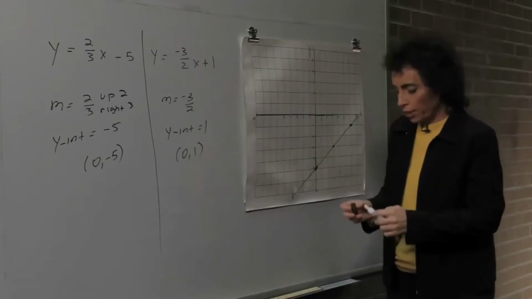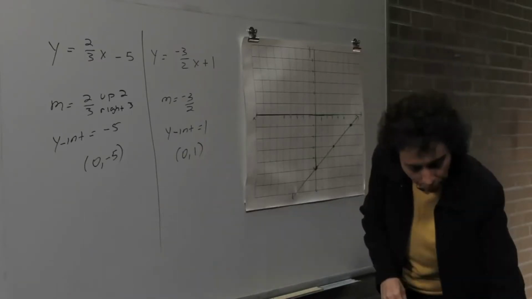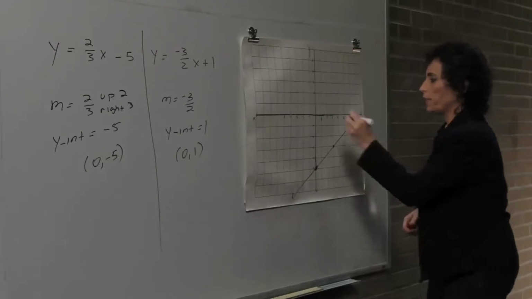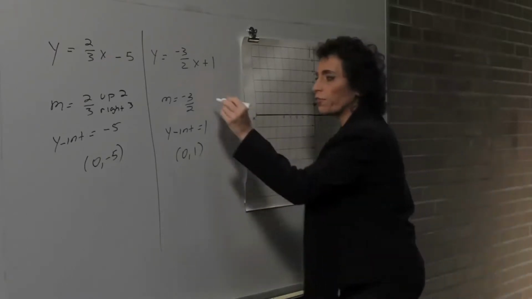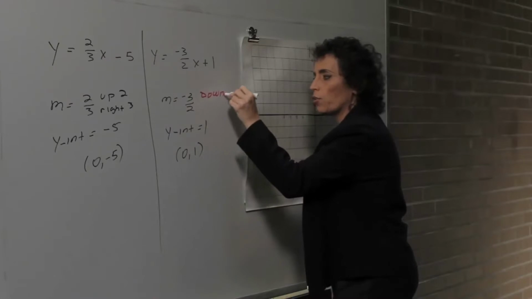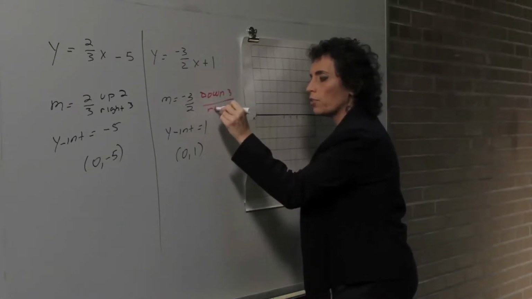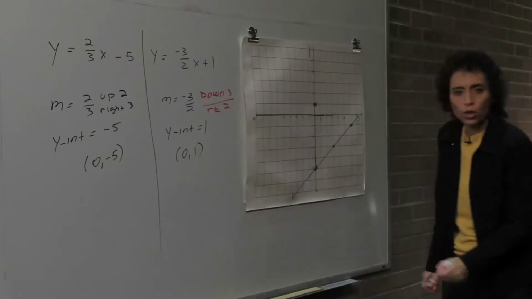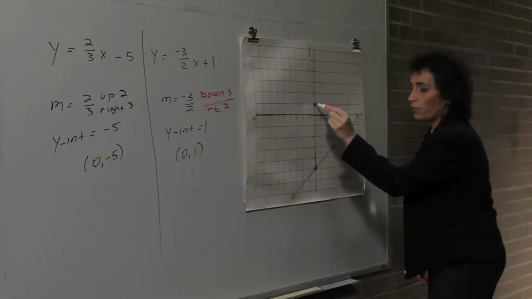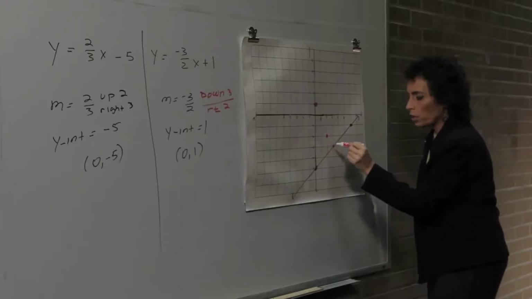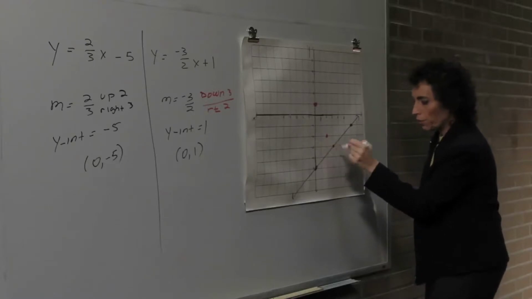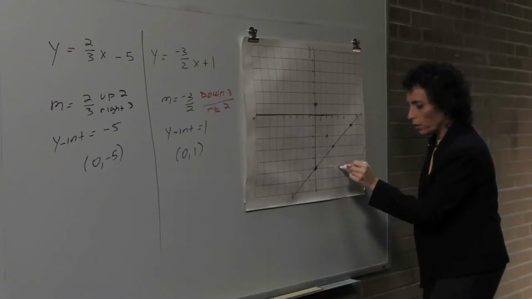Okay, the y-intercept is 1, so the point is (0, 1), and the slope is -3/2. -3/2 means down 3 to the right 2. Down 3 from here, 1, 2, 3, to the right 2.